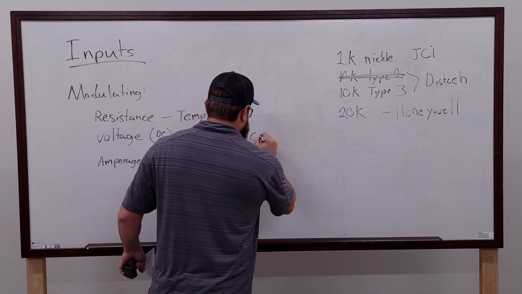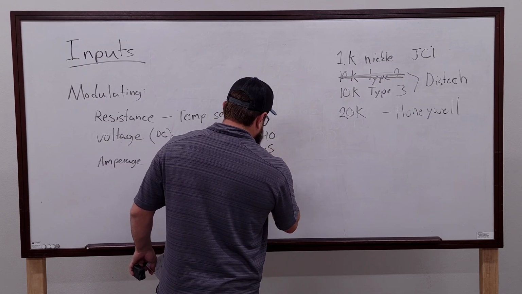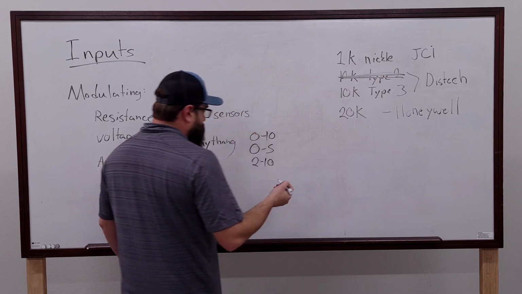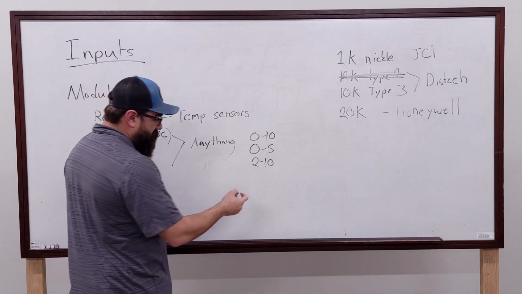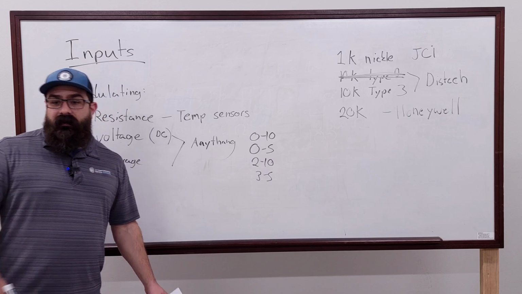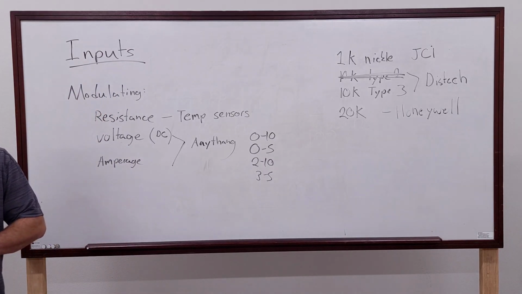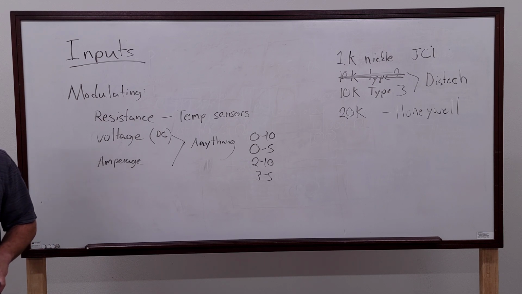So it could be 0 to 10, 0 to 5, 2 to 10. And then a lot of these, so like Honeywell and Distech and JCI, I can make this a 3 to 5 volts. I mean, I can configure it any way I need to based on that field device. You can troubleshoot that live. Yes, yeah. Without having to, so with the ohm value, you have to disconnect the sensor and test it. Correct. This I can actually land it on the terminals and read a voltage there.